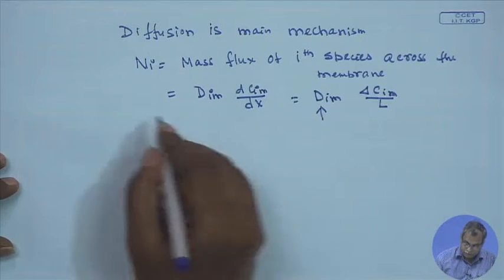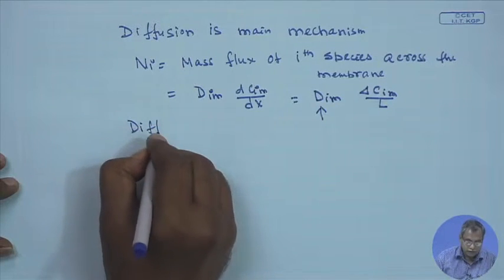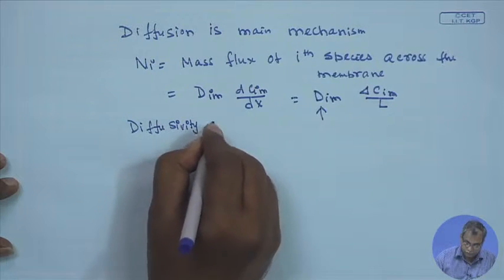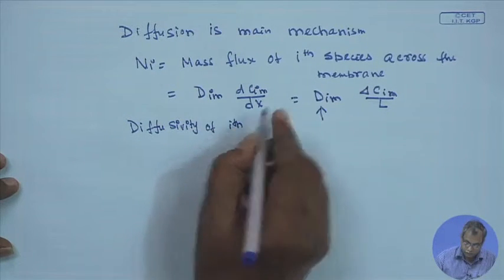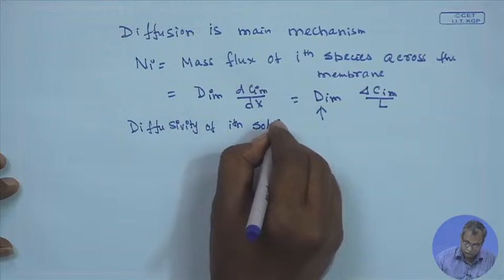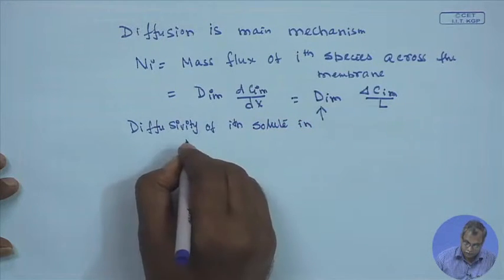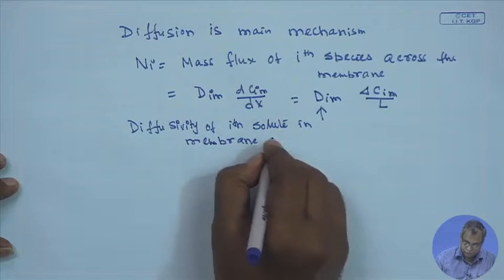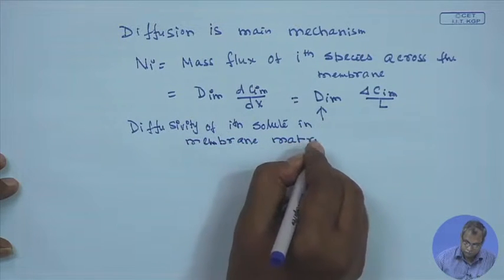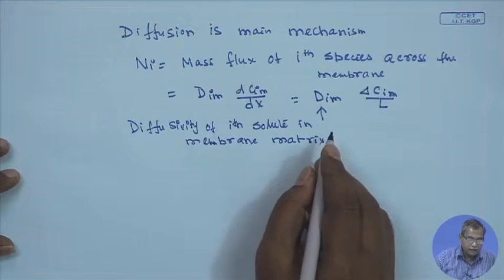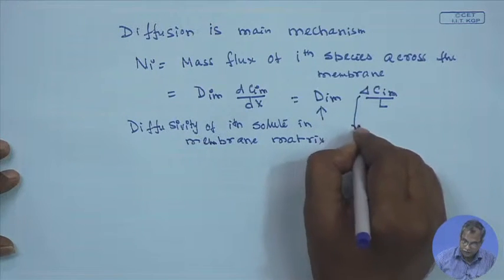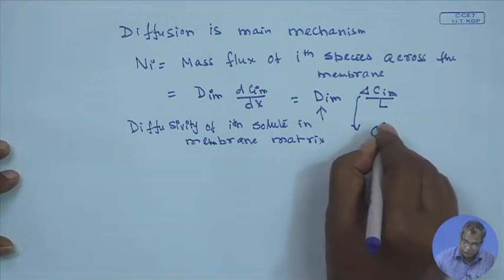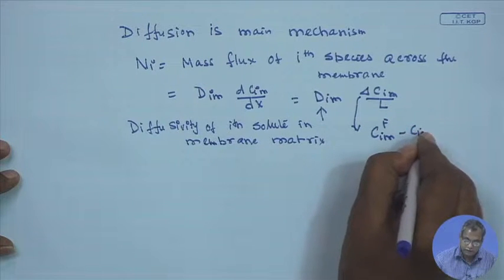Dim is the diffusivity of the ith solute in the membrane matrix, and delta Cim is the concentration difference of the ith species between the feed side and the dialysate side.